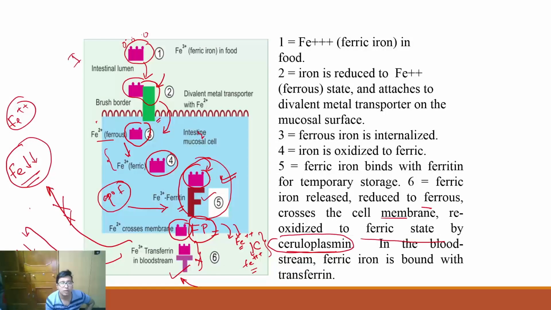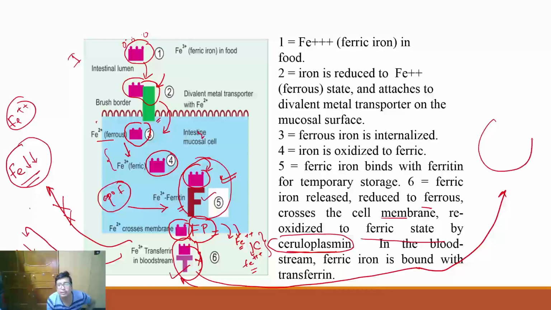So now the transferrin is in the bloodstream. It will now reach the cells in which heme will be synthesized. On the cell surface, there is the transferrin receptor. 2 molecules of transferrin will bind to the transferrin receptor, and then the iron molecule will be internalized in the cell.